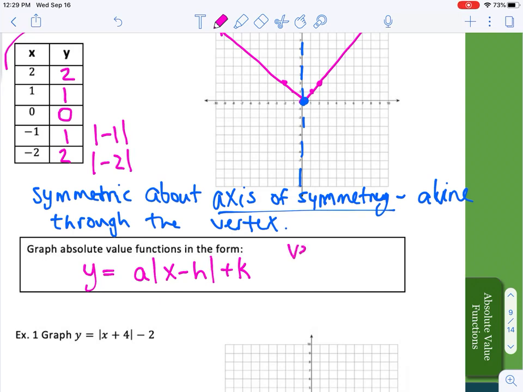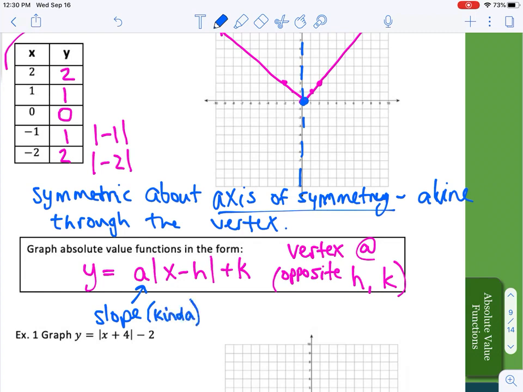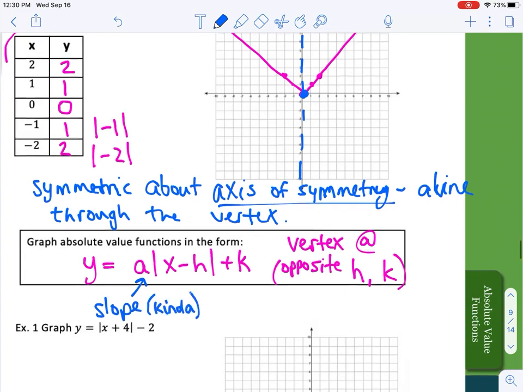So we have a vertex at the opposite of h, comma k. So we can find our vertex just based on what the equation looks like. Okay, and then we'll label these. A is our slope of our line, kind of, and h and k we will see down here.